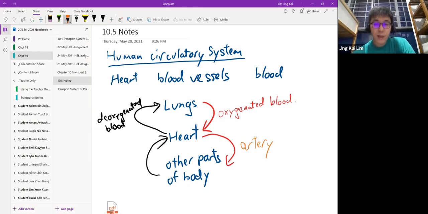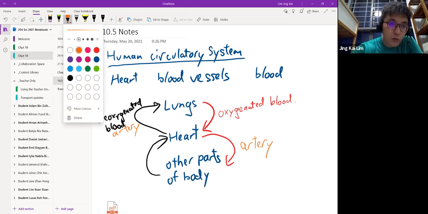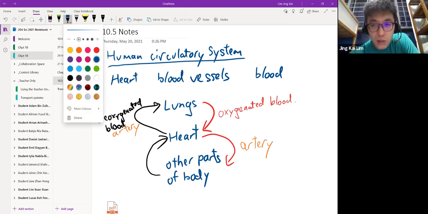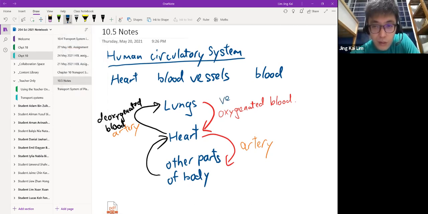These are the arteries, because arteries are blood vessels designed in such a way that they can withstand high blood pressure. On the other hand, blood that flows back into the heart flows through what we call the veins.